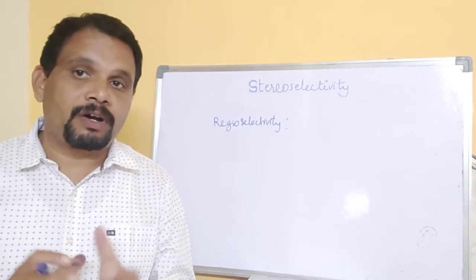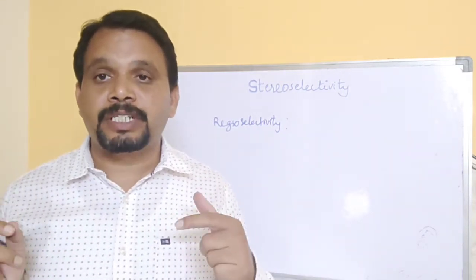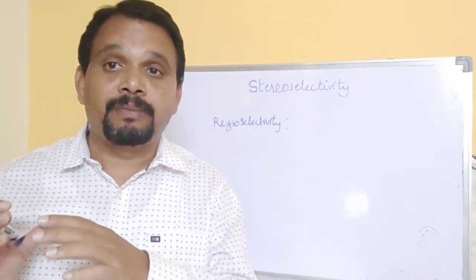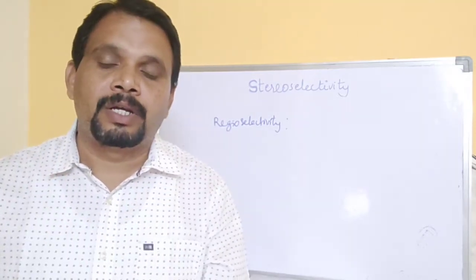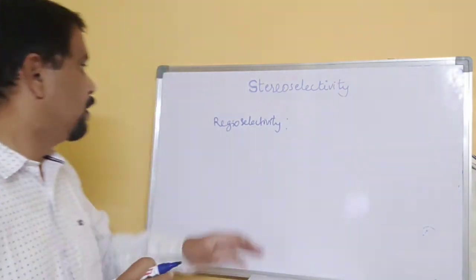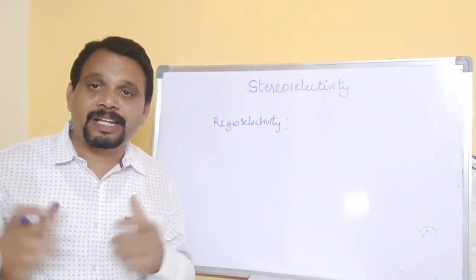Whatever positions are available for the reaction to take place, the reaction takes place preferably at one position, at one region over the other possible regions. That is known as regioselectivity.